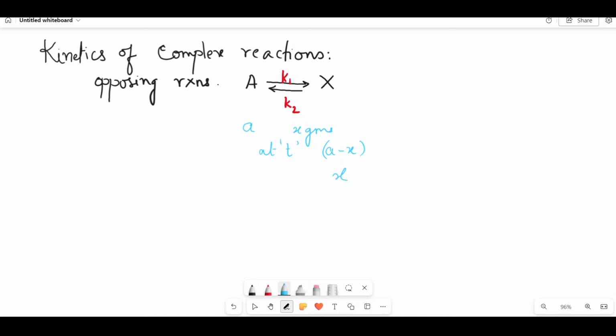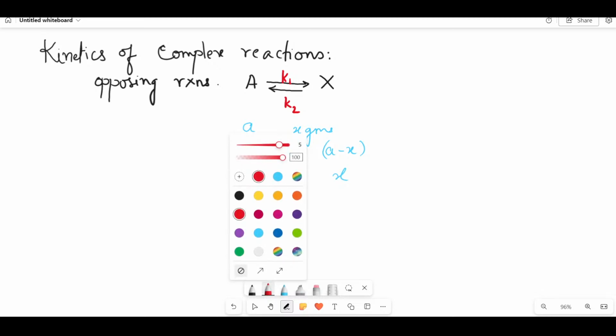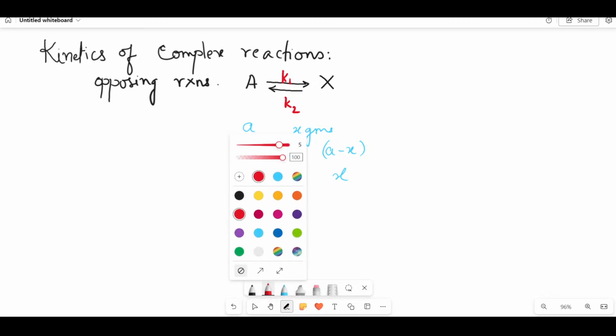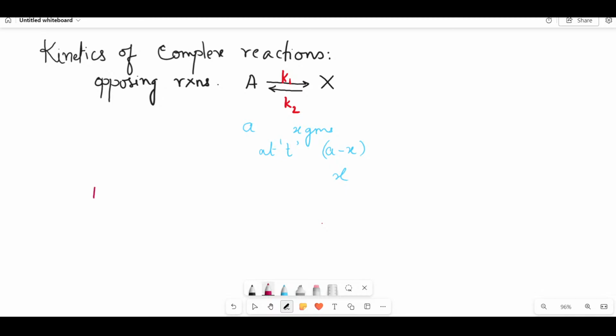So, the rate of forward reaction is equal to k1 (a minus x), since it is going forward.